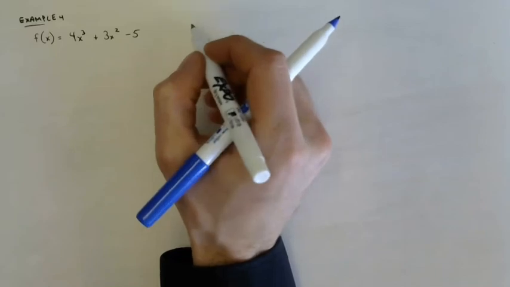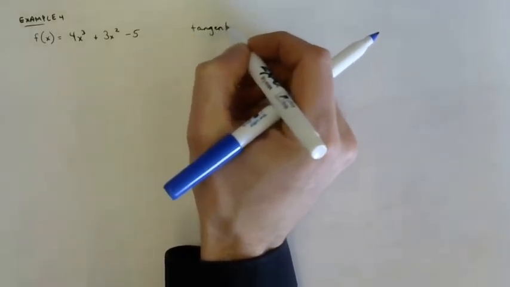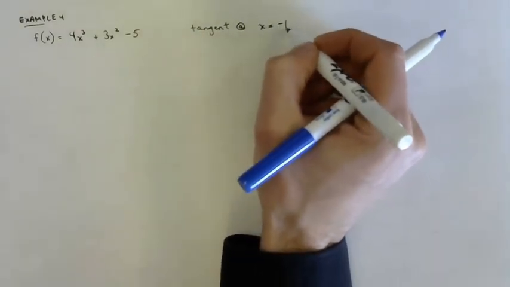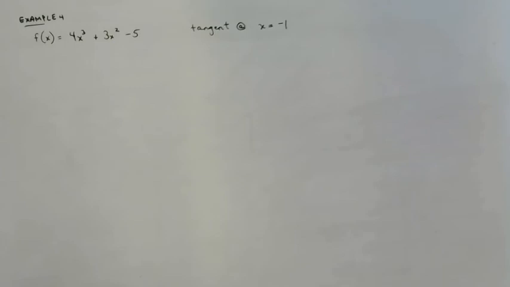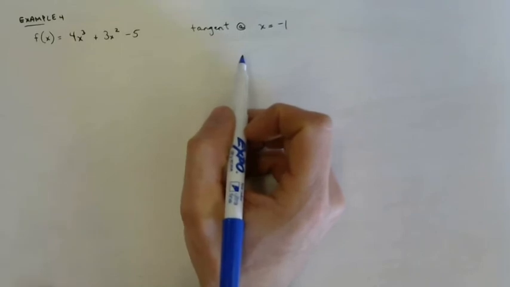And we want to find the equation of the tangent at x equals -1. Okay, so a couple of steps here. Number 1, we're going to use the derivative to find the slope at that point. Then we're also going to need the tangent point.